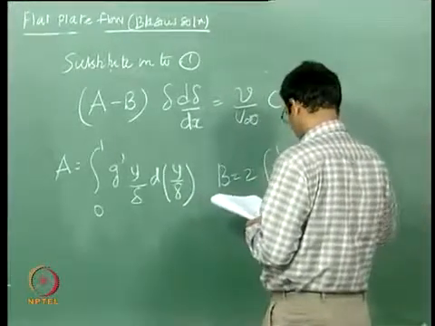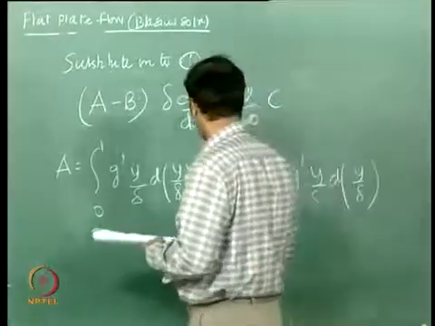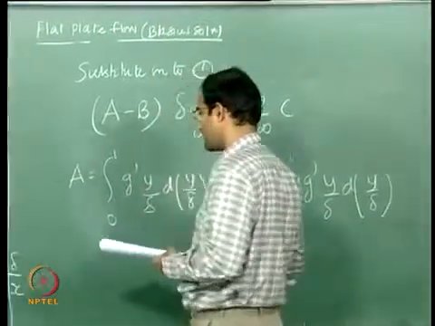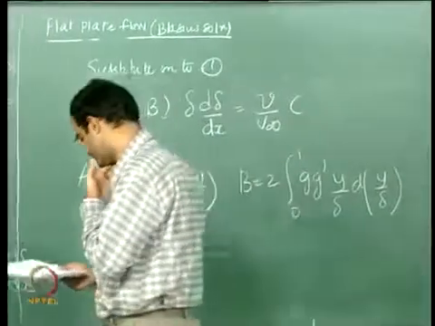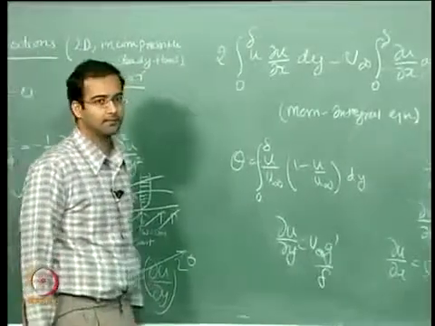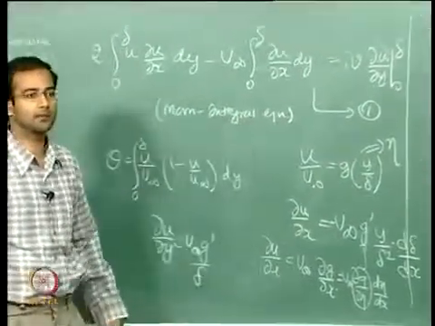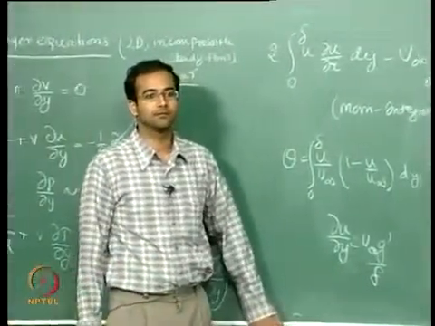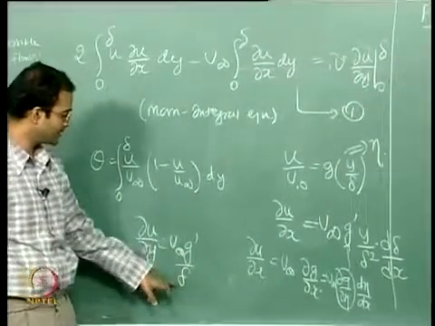y by delta into d y by delta. And your C, can you now guess and tell me what C should be? This you should be able to tell. Zero to 1. Why? It's already integrated and the limits have to be applied. What is du by dy? U infinity g bar by delta.